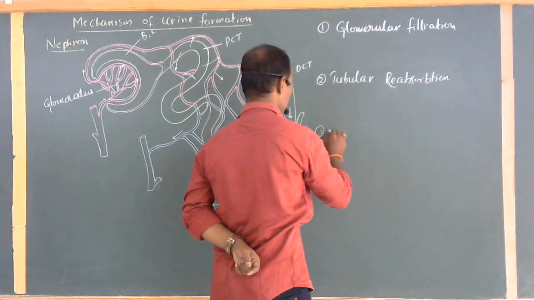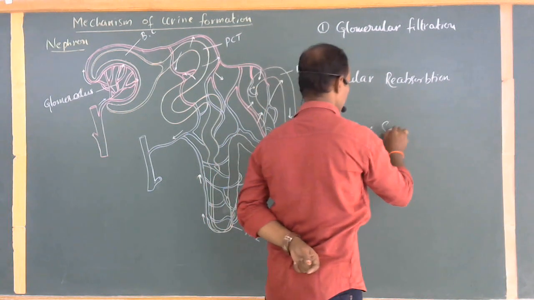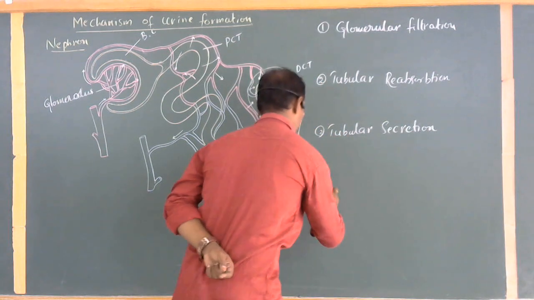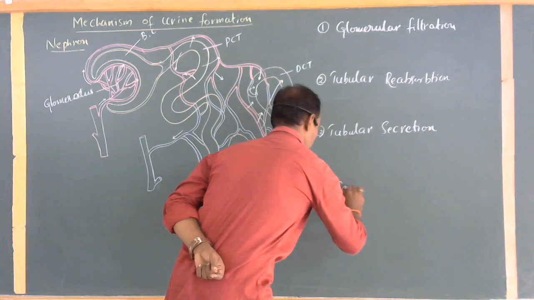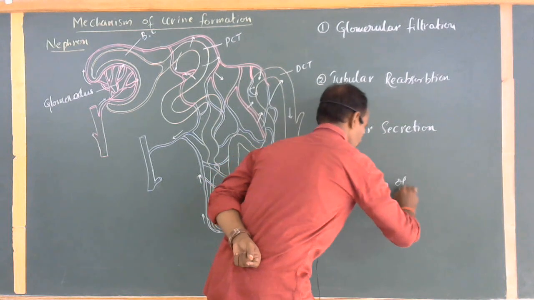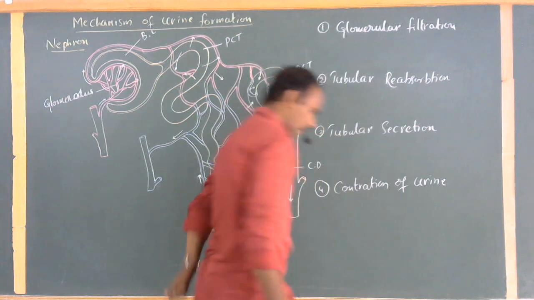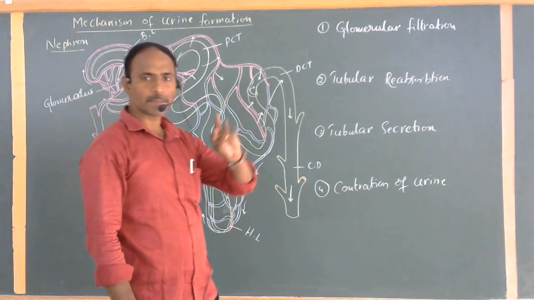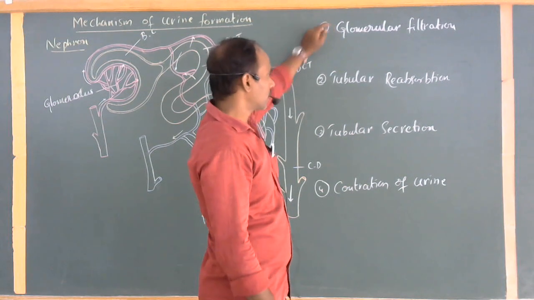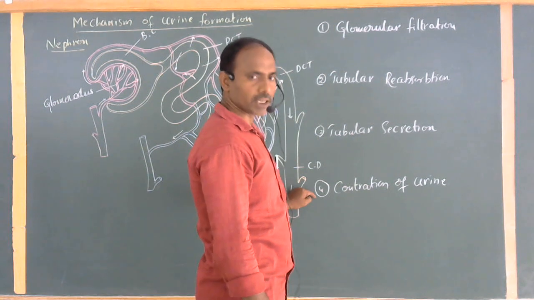Third one, tubular secretion. Last one, concentration of urine, or urine concentration. Clear. There are four main steps in urine formation: glomerular filtration, tubular reabsorption, tubular secretion, and concentration of urine.